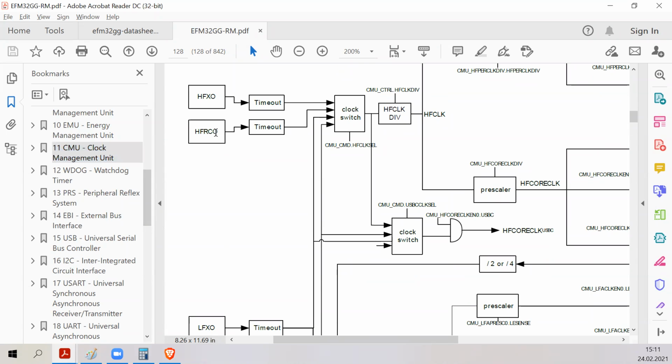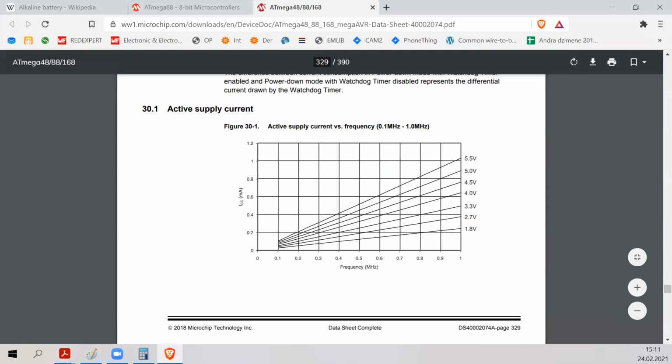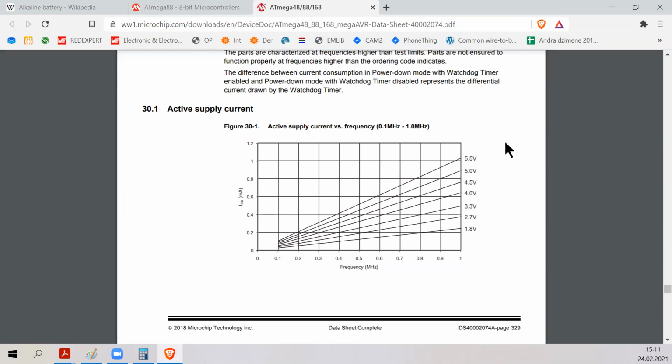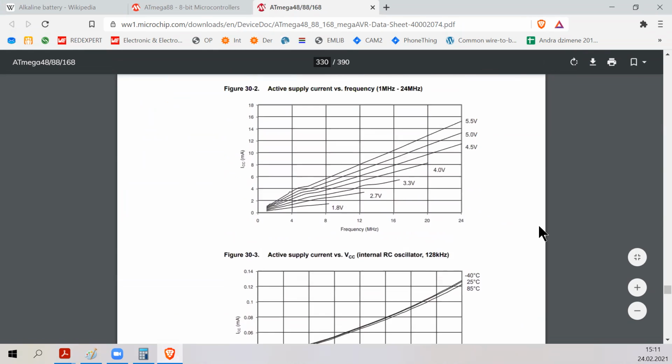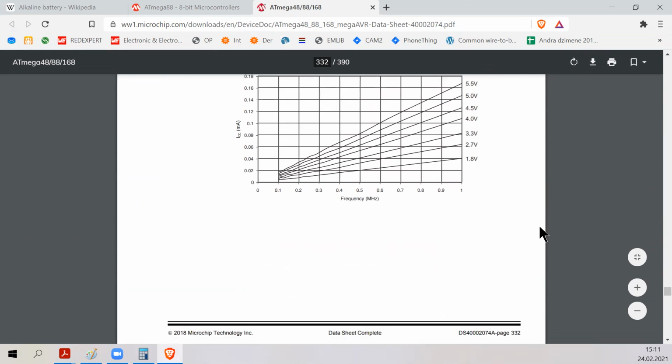Internal oscillator only runs up to, for example, 21 or 28 megahertz. But if you can connect an external oscillator, you can make it run up to, for example, 48 megahertz. And the same is for this ATmega88. Internal oscillator runs up to 8 megahertz, and external oscillator can be up to 20 megahertz. So you get higher speeds if you have connected external oscillator.